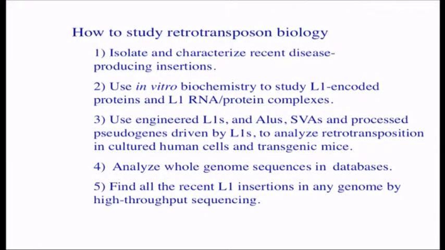You can use engineered L1s and Alus, SVAs, and processed pseudogenes driven by L1s to analyze retrotransposition in cultured human cells and in transgenic mice. You can analyze whole genome sequences in databases, and there's been a lot of this going on in comparative genomics. And you can now find all recent L1 insertions in any genome by high throughput sequencing, and I'll talk about that in a bit.